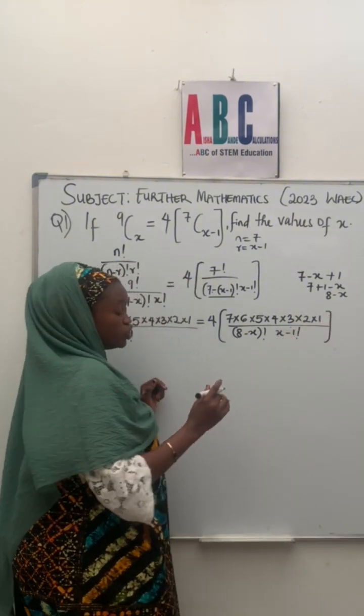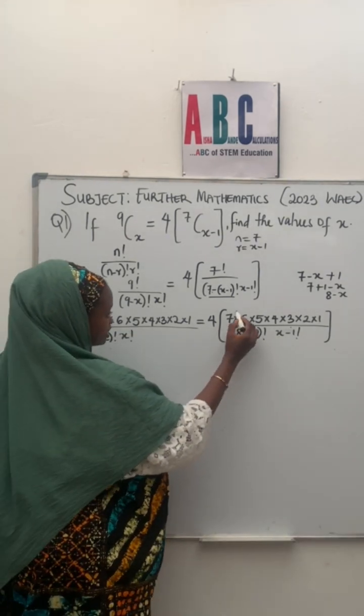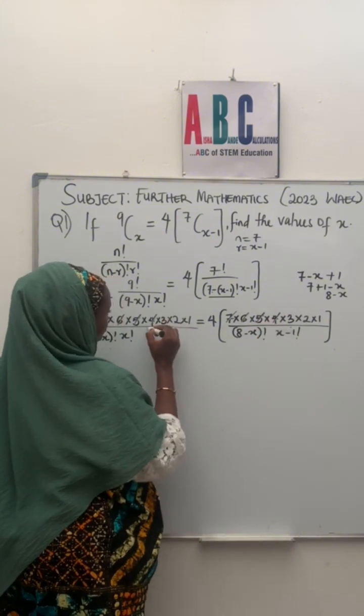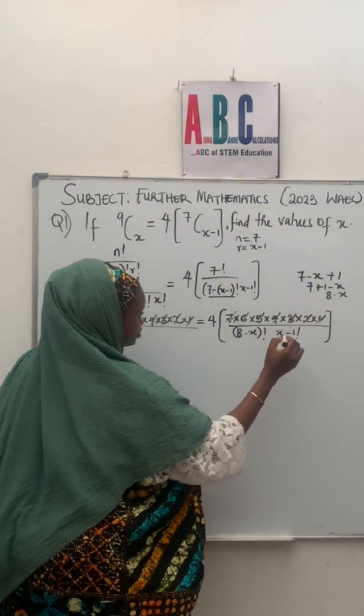Okay, so looking at this now, 7 cancels the 7 here, 6 cancels 6, 5 cancels 5, 4 cancels 4, 3 cancels 3, 2 cancels 2, 1 cancels 1.